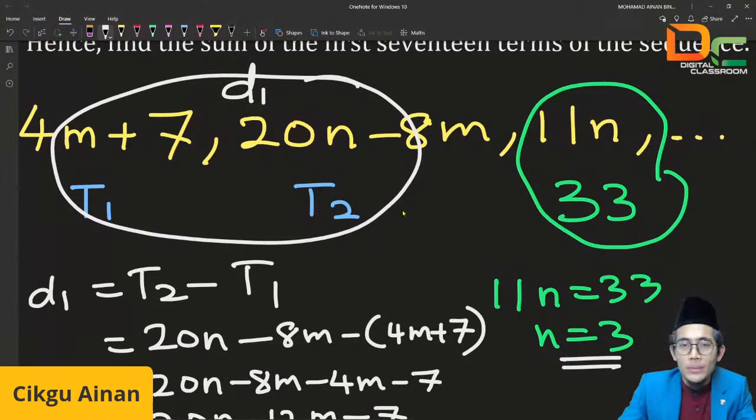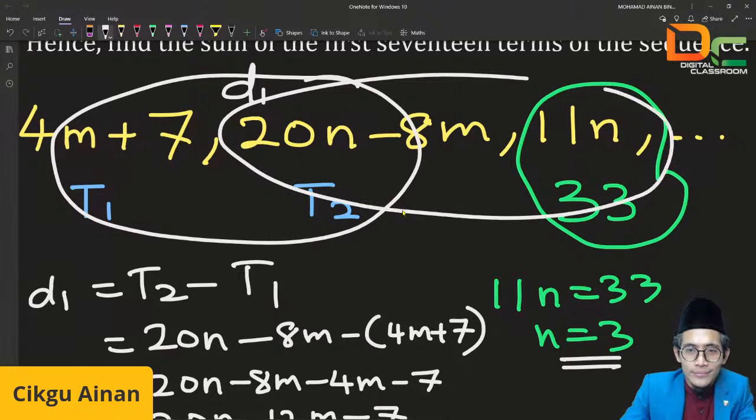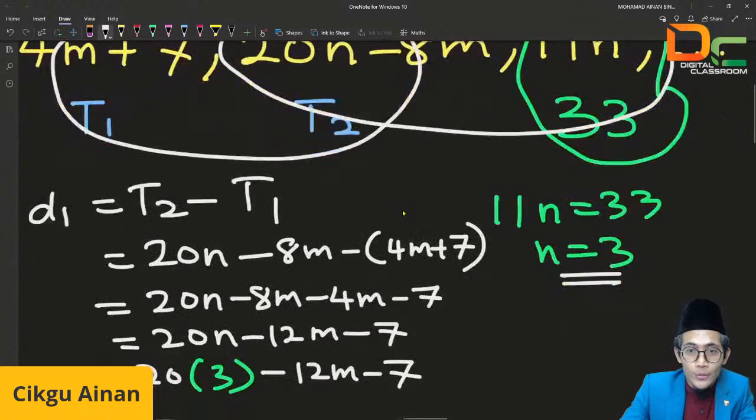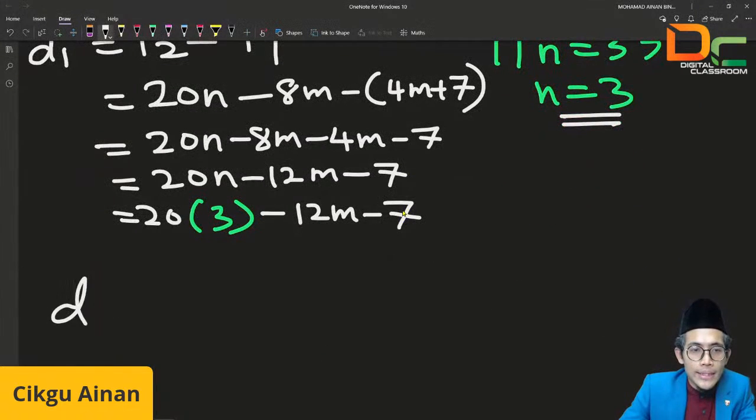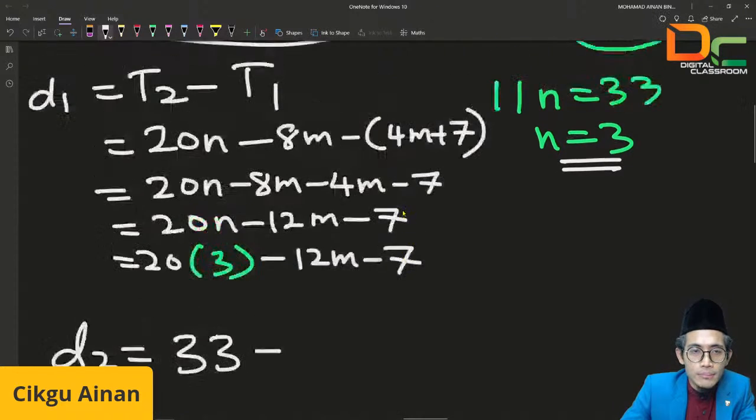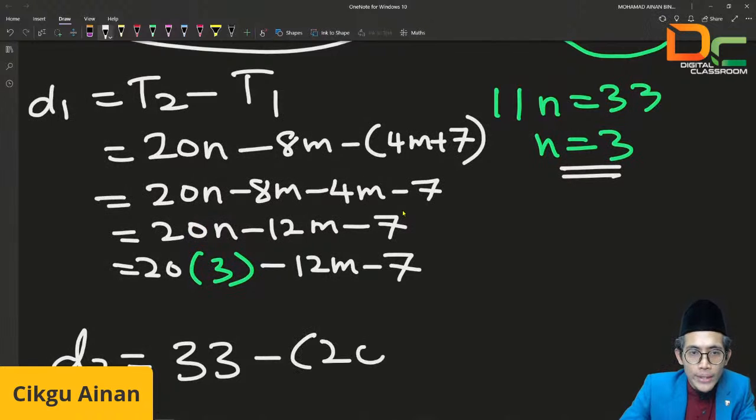What is the second common difference? This one. This is D2. So we are going to write down here. So D2 is tadi dah dapat 33, right? 33 minus 20 and minus 8m.